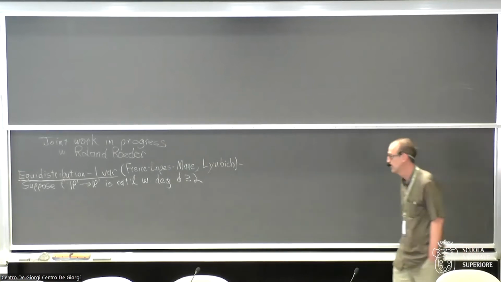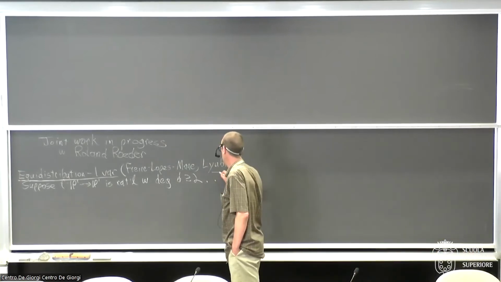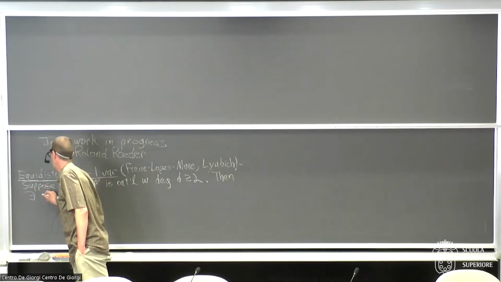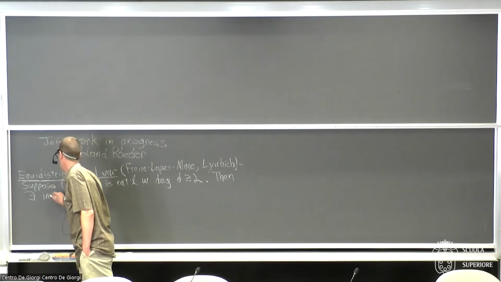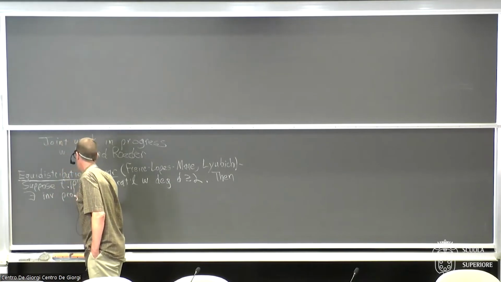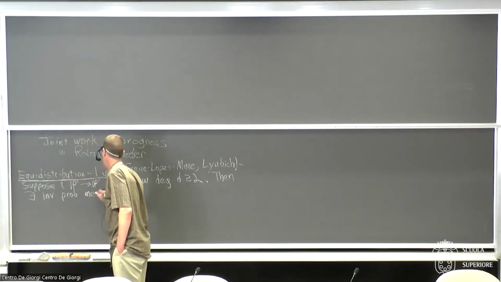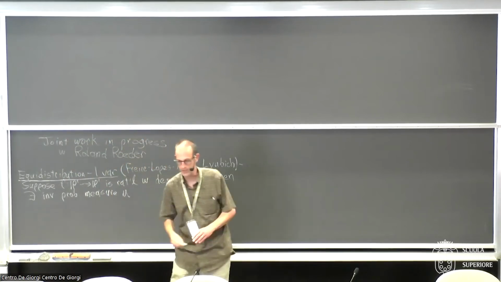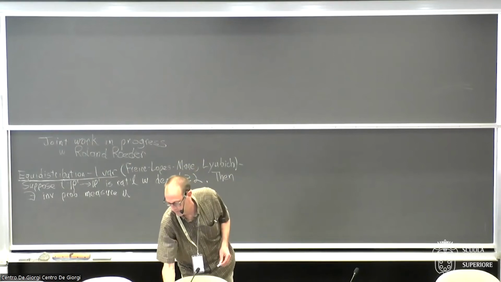The degree is at least 2. Then there exists an invariant probability measure, mu, with lots of properties, but I'm just going to home in on the one I want here.